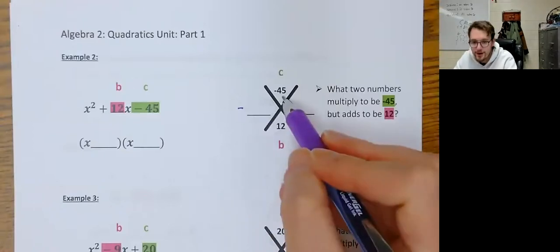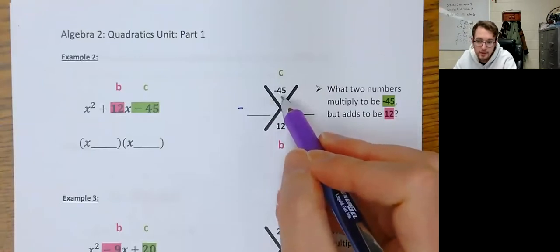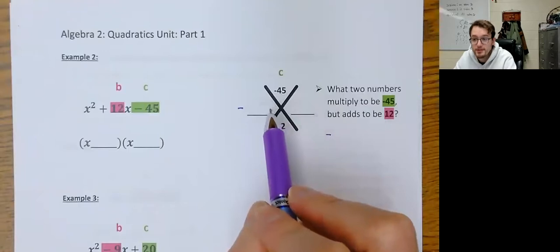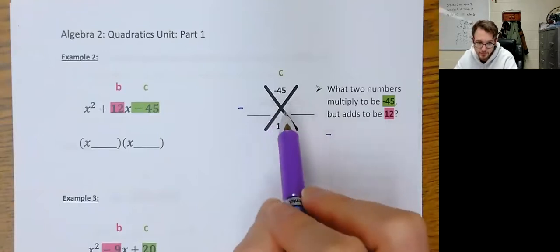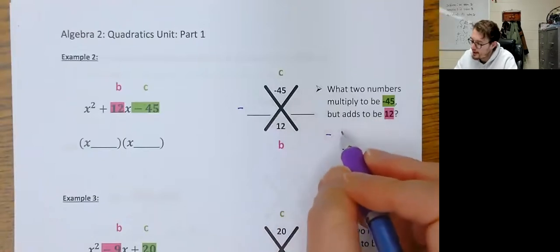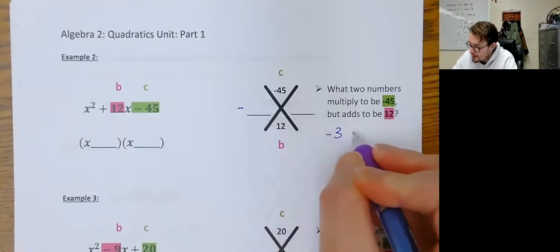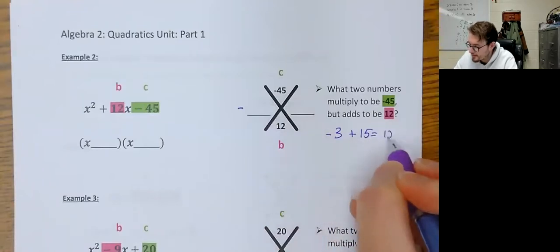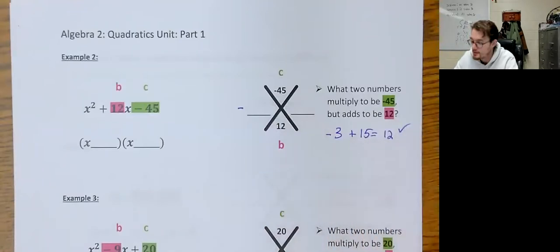So can't cut 45 in half. It's odd. I mean, you can, but it doesn't give a whole number, and we're looking for whole numbers. I made these problems easy for my students because they're just learning it. So let's say you can divide by 3. So negative 3 plus 15. Does that equal 12? Yes, it does. So those are my numbers.